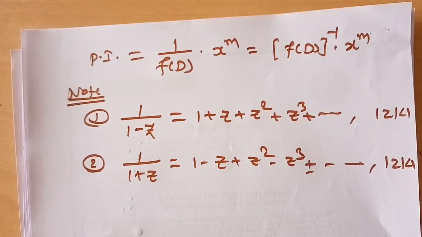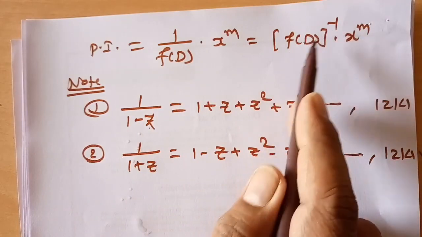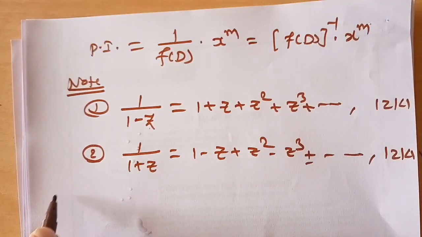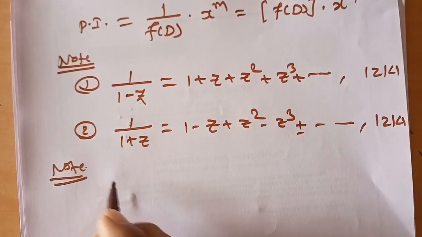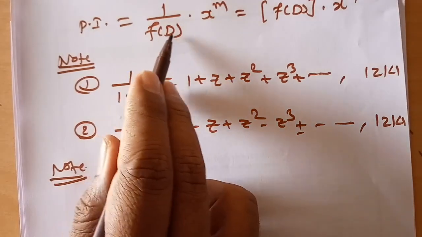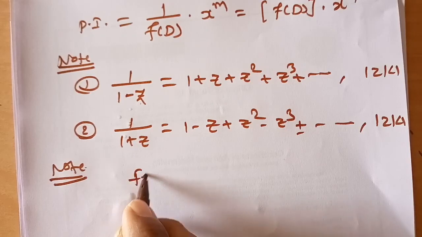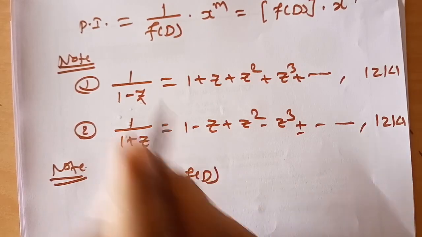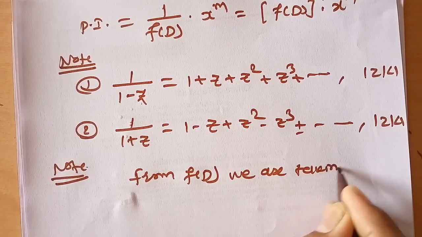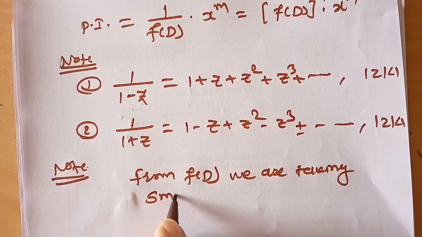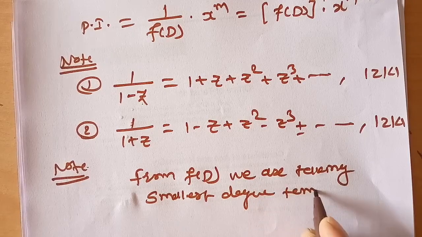The condition is that sometimes in f of D, we have to take the inverse of this f of D. When we are taking the inverse, f of D is in the denominator, so from the f of D which is in the denominator, we are taking the smallest degree term as common.